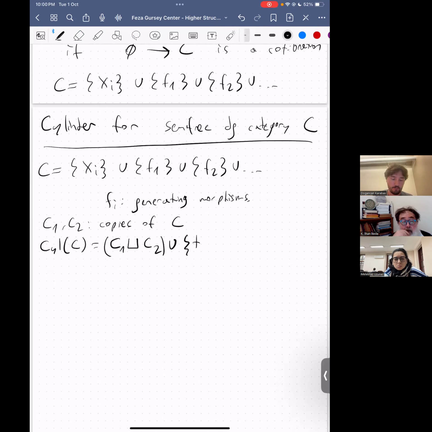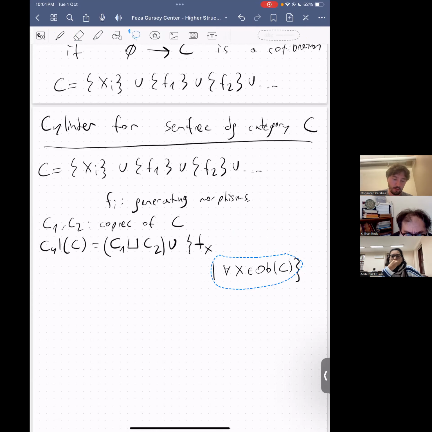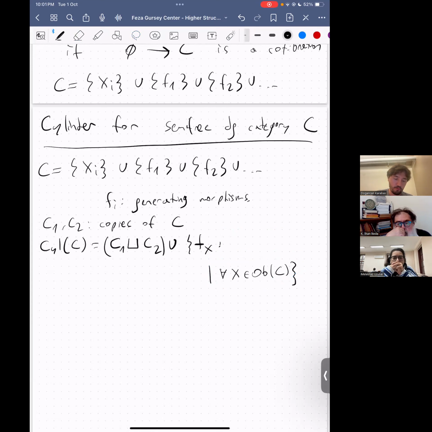I add some new morphism Tx for each object x of C, and I should also say its domain and codomain. It is from x1 to x2. x1 means the copy of x in the first copy, and x2 means the copy of x in the second copy of C.